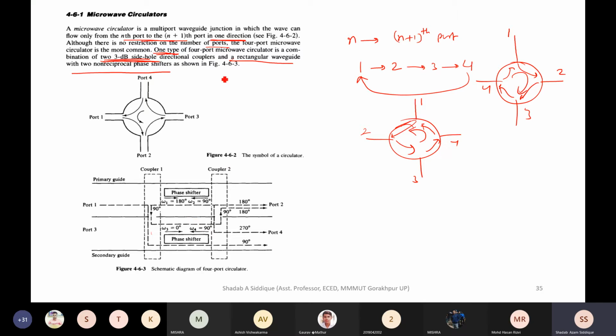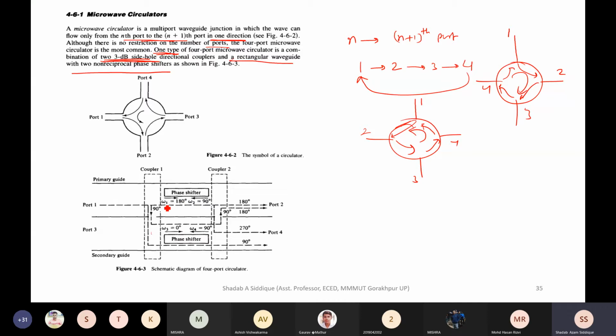Now we are having a rectangular waveguide with two non-reciprocal phase shifters. In the rectangular waveguide, two sections are there: one is the primary guide and the second is the secondary guide. In the primary we have used one phase shifter, that is non-reciprocal, and this is also non-reciprocal.